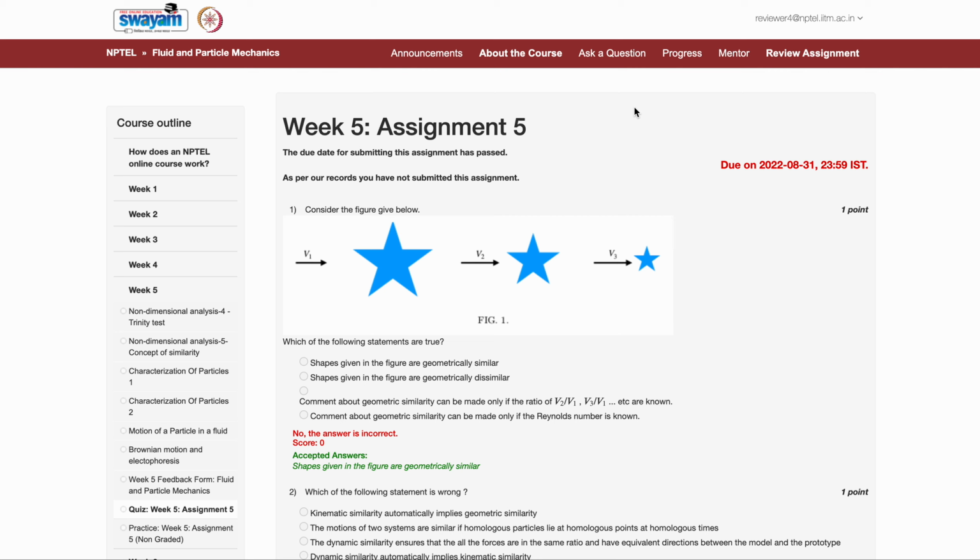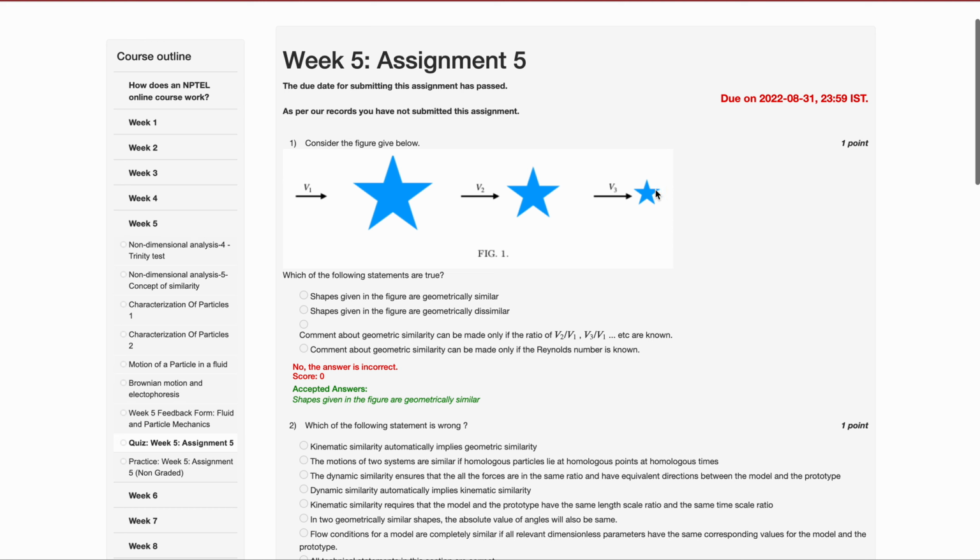Here it's saying, consider the figure below, and you have three stars of decreasing size.